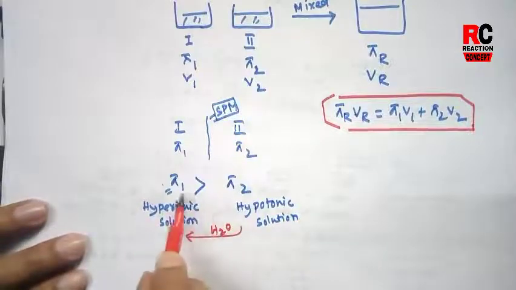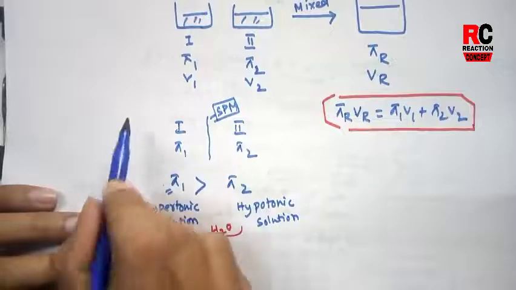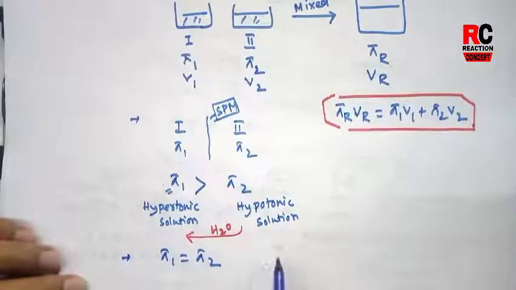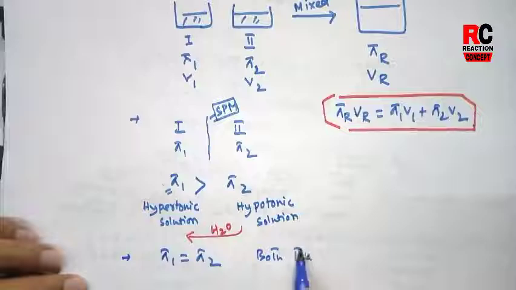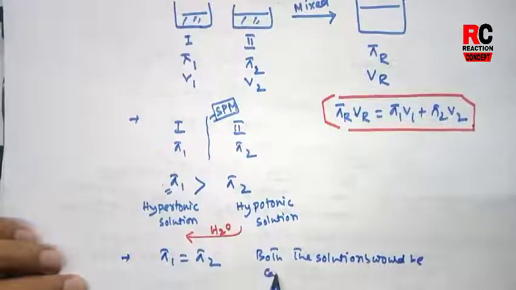But if the osmotic pressure pi 1 equals pi 2, then both the solutions will be called isotonic solutions.